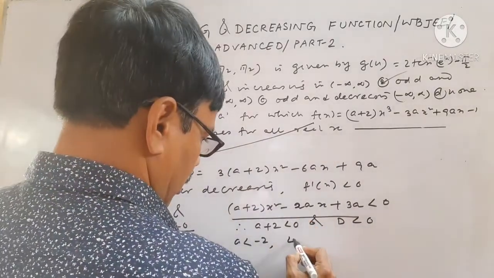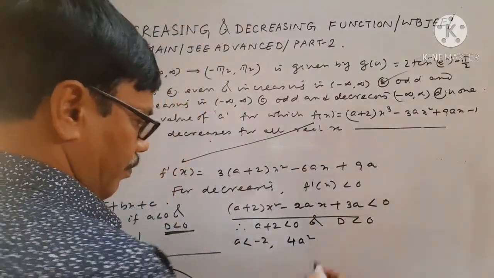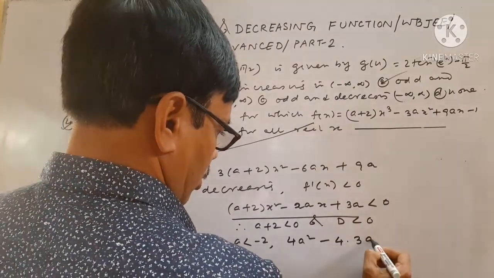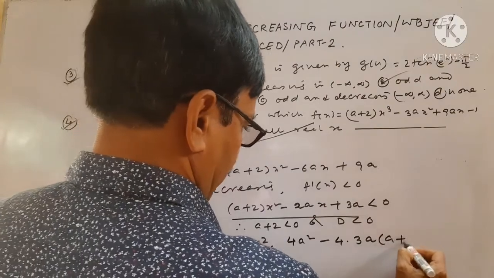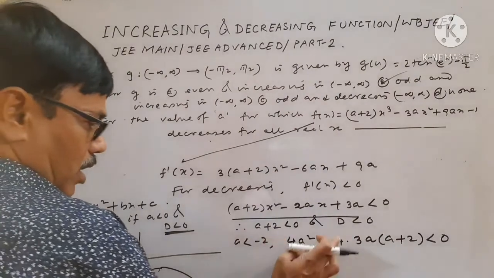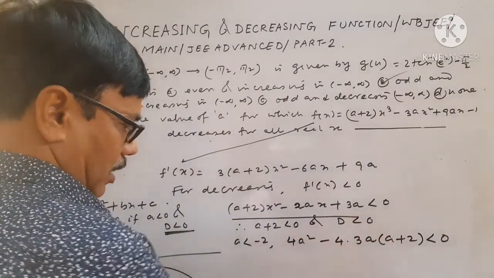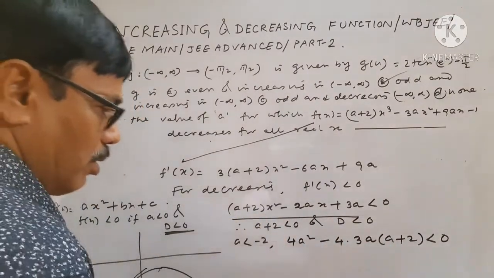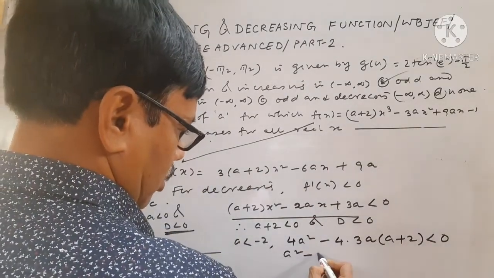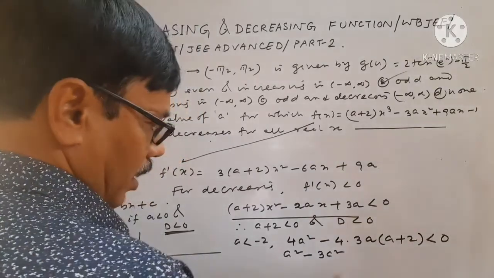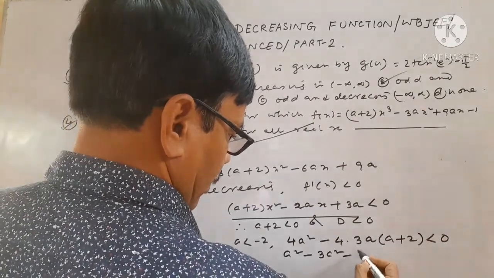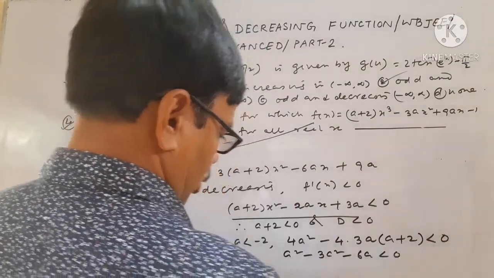And what is D? 4a square minus 4 into a into c. So finally, the 4 cancels, a square minus 3a square, a square minus 3a square minus 6a less than 0.